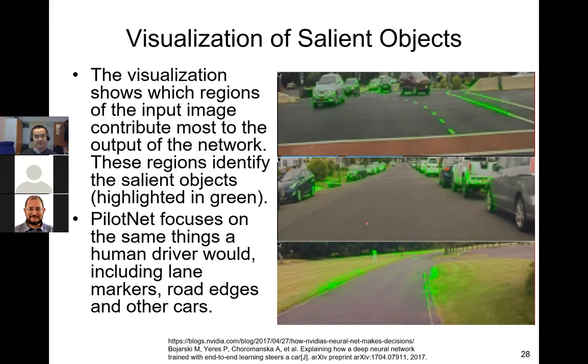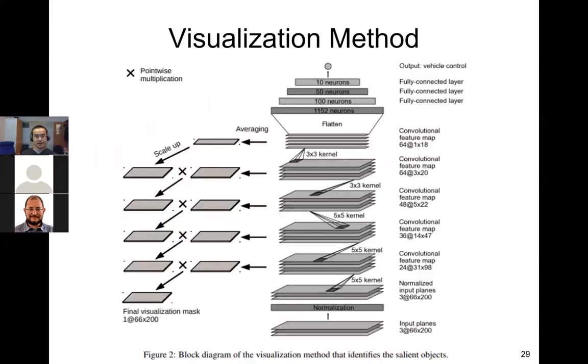So you obtain these salient objects by taking out the intermediate values from the CNN and performing some transformations based on the intermediate features to identify the salient objects.